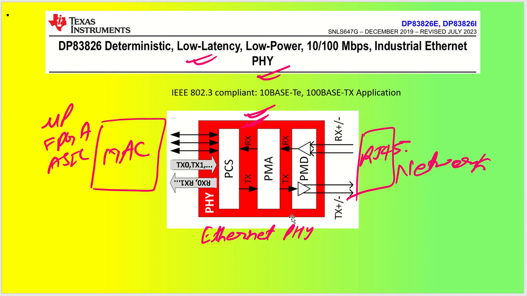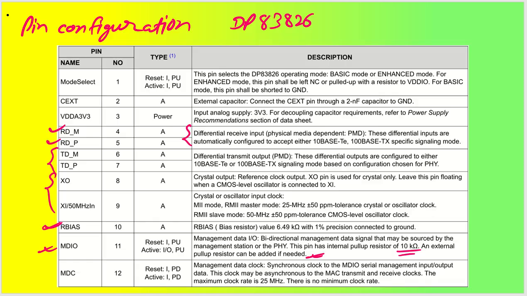So, quickly walking through that: we had seen the Ethernet PHY internal diagram and how it is connected to our MAC devices and then to the network in the block diagram. We also saw the pin configurations of these Ethernet PHY ICs, like the control lines, RD plus and RD minus differential lines, transmission differential lines, and transmit and receive lines.